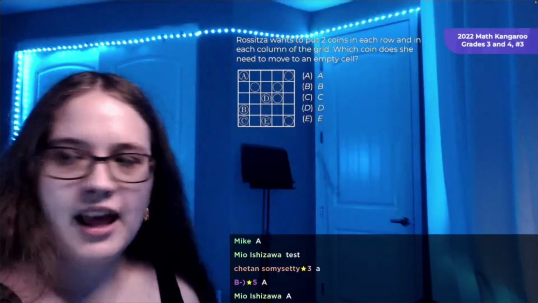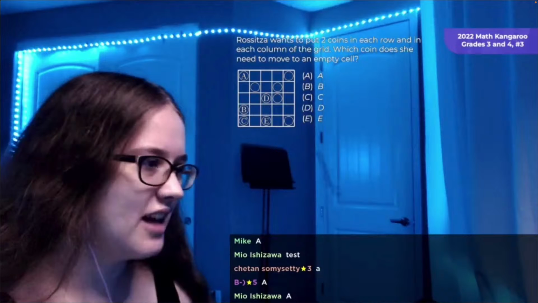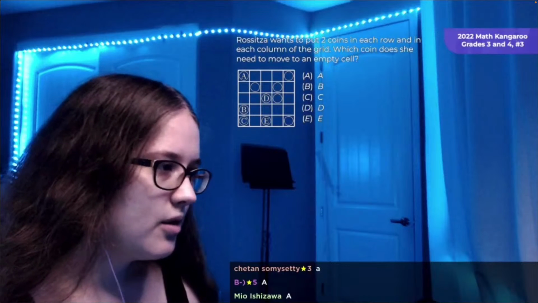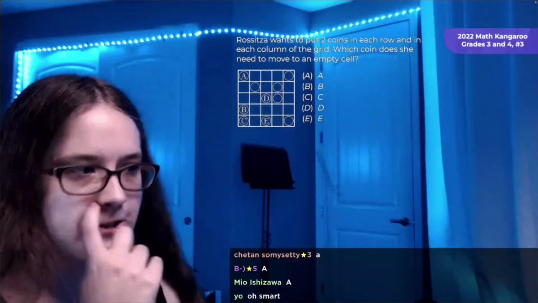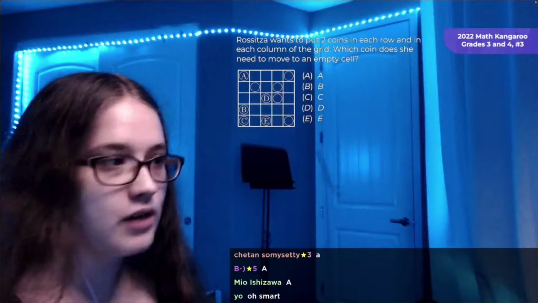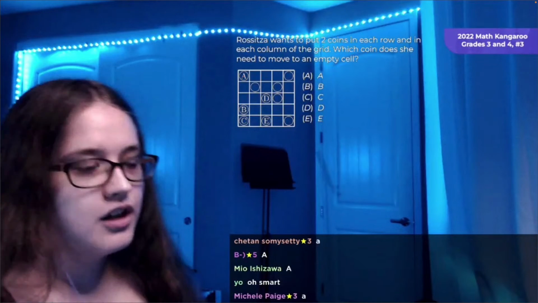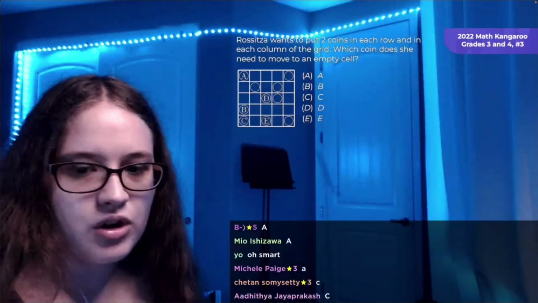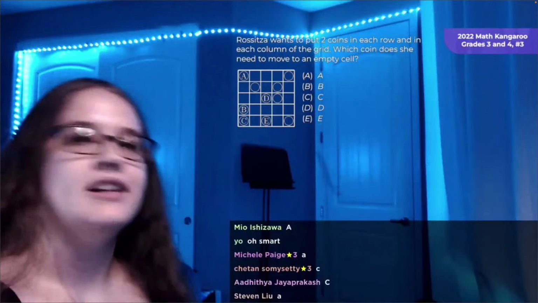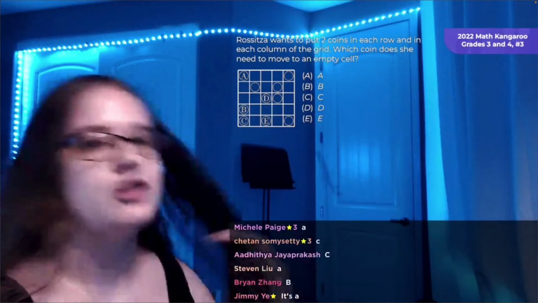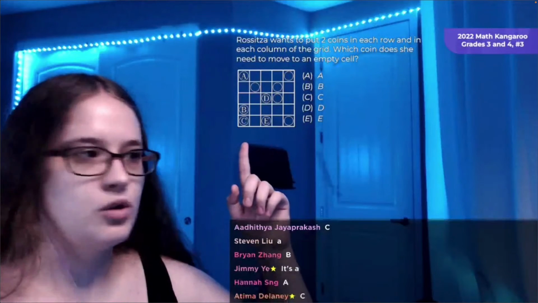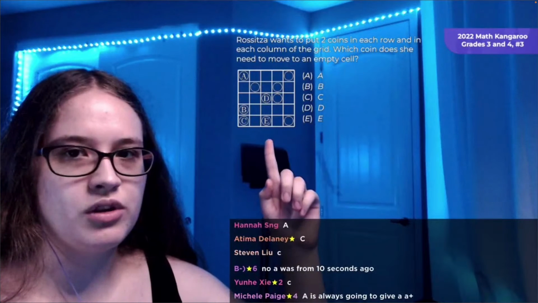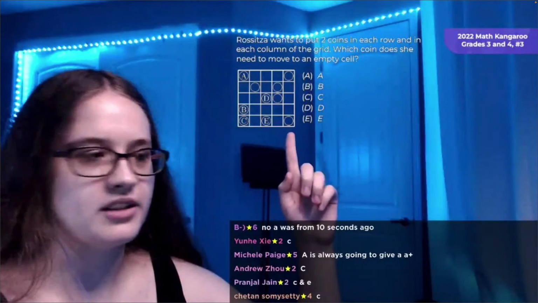Okay. And it looks like people are saying A once again. Okay. And we have some people saying C. So let's look at how many coins are in each row and in each column. So in the first column, we have 3 coins, 1 coin, 2 coins, 2 coins, 2 coins.